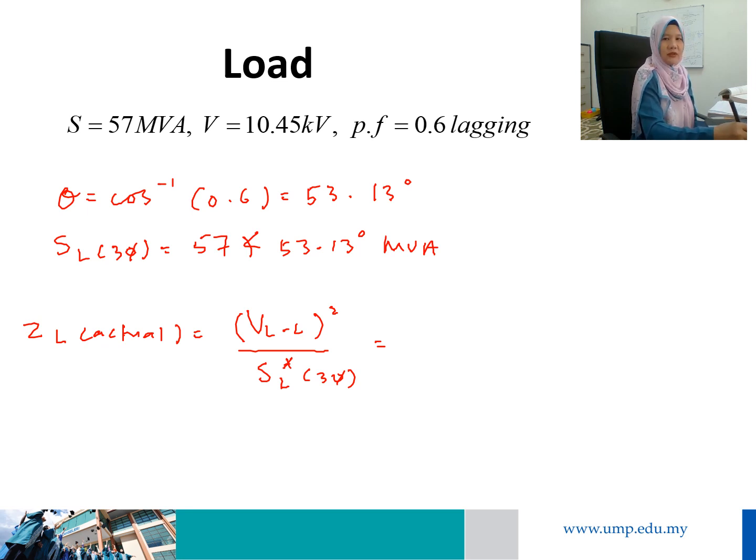So the V line to line is 10.45 kV squared divided by 57 angle minus 53.13 degree MVA.